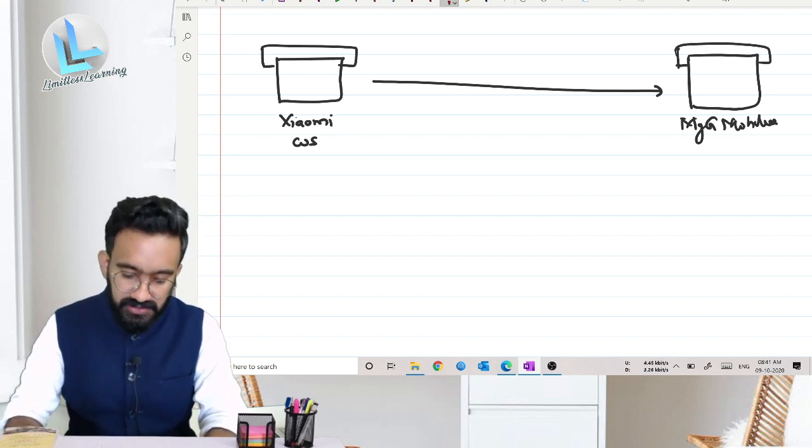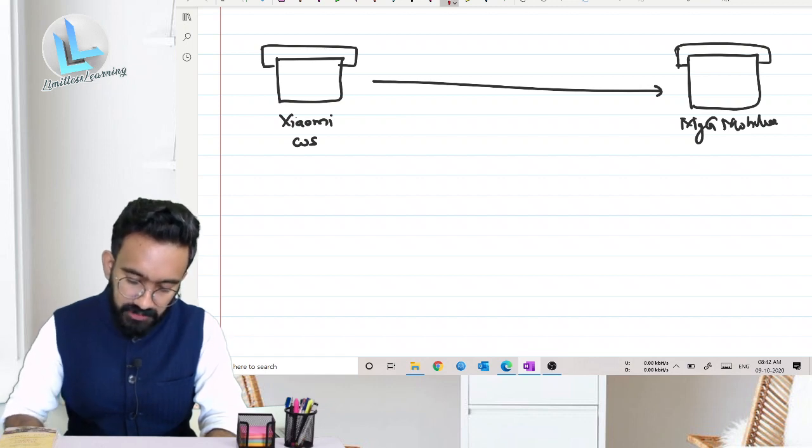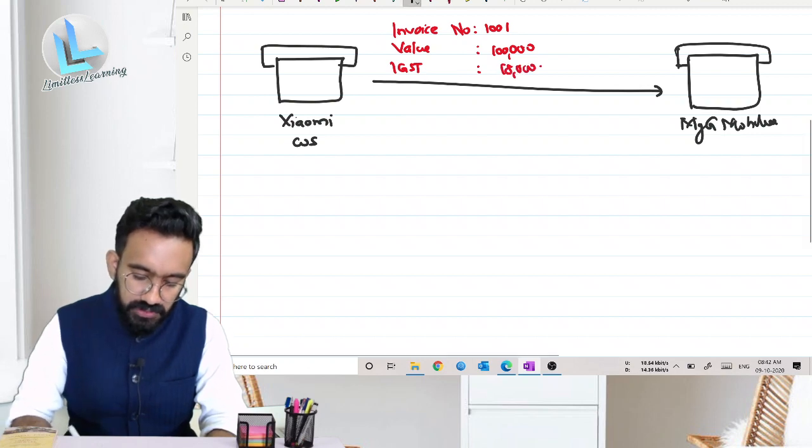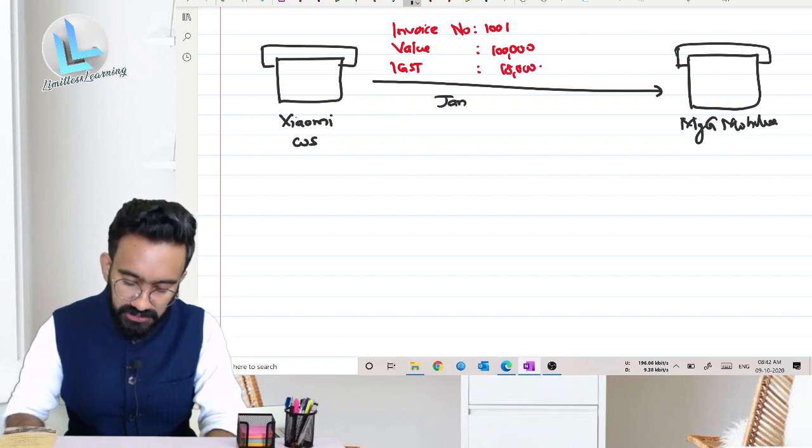If that's the case, then say for example invoice number 1001, value happened to be 1 lakh, say it's IGST 18,000. This happened to be in January 2020.